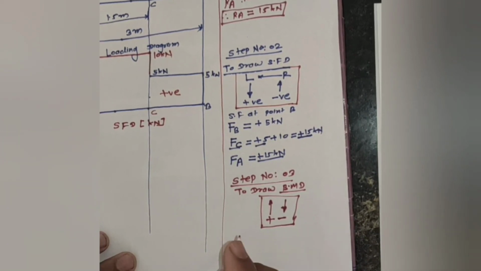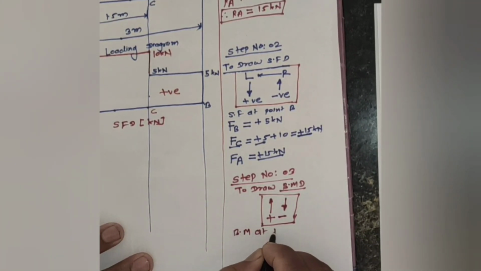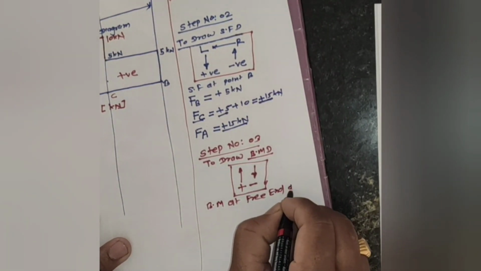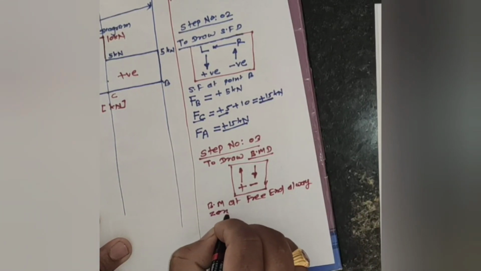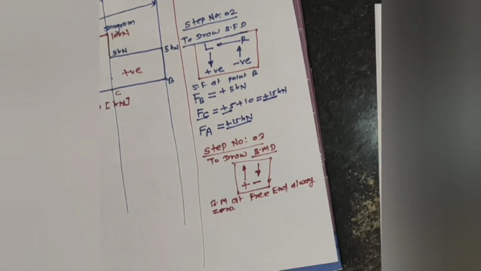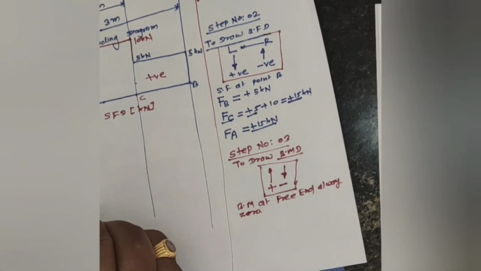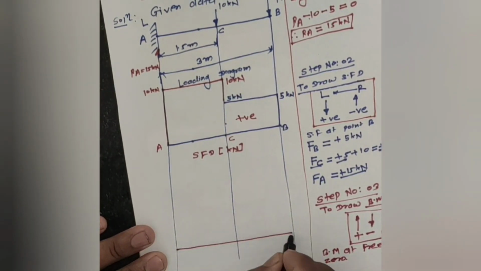Note this point: bending moment at free end is always 0. Therefore you have to draw the baseline again.